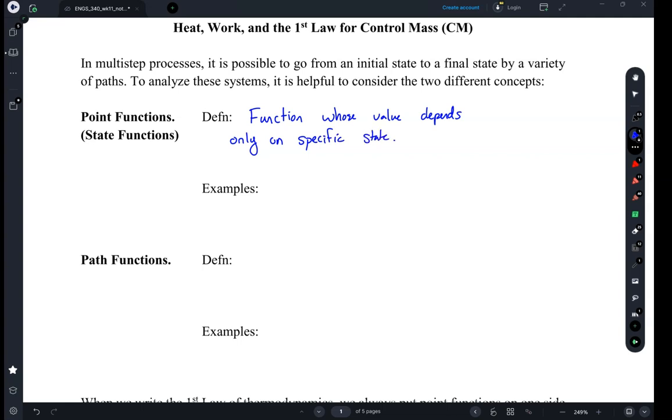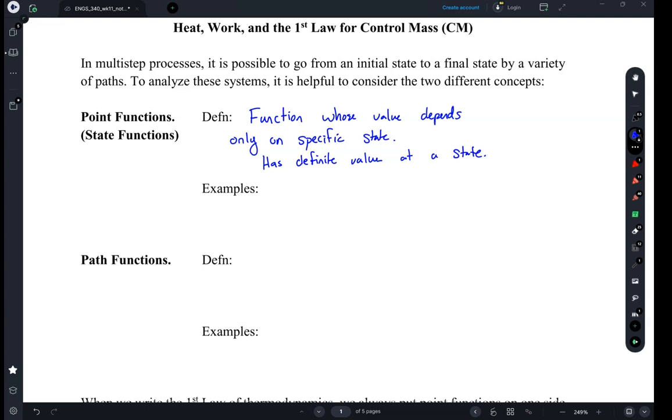Maybe another way to think about this is it has a definite value at a state. Okay, more clear with examples.